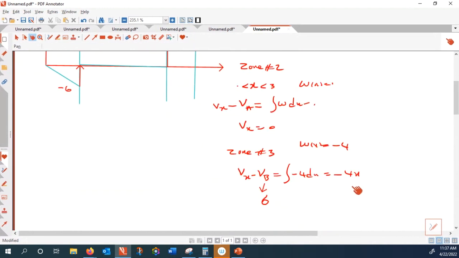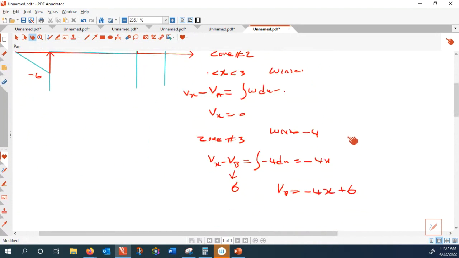So my equation becomes V of x equals minus 4x plus 6. We can simply check this if I plug in x equal to 1.5, because in this zone I reset the coordinates. Instead of making reference from the beginning, I made the reference at the start of the zone. So V of CB is minus 4 times 1.5 plus 6, equal to 0.